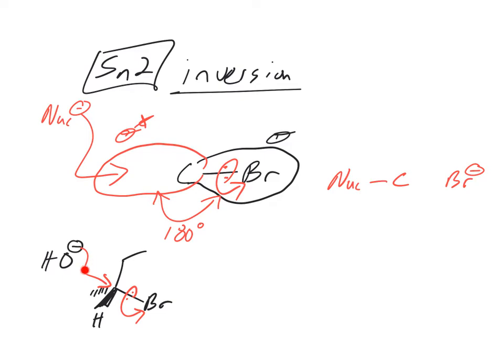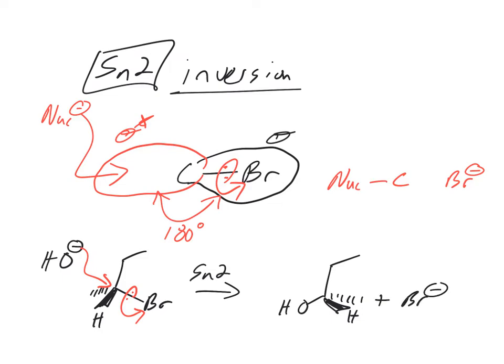That's where that sigma star is at. And what happens here, it causes inversion. It pushes these things forward. If it was R, it becomes S. And if it was S, it becomes R. There you go. So you get inversion.